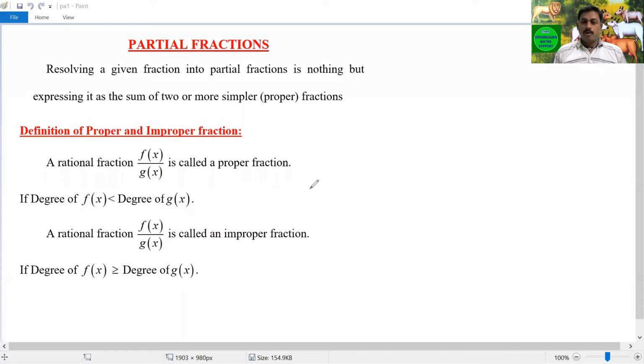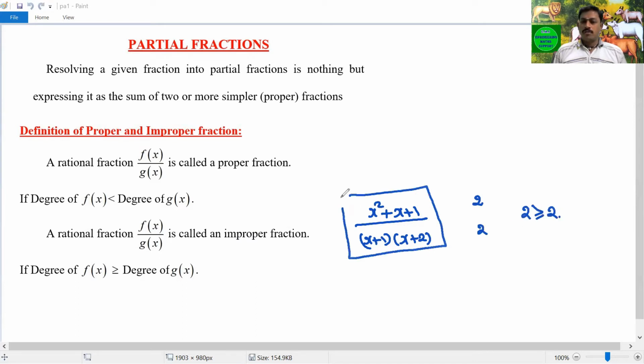Example for improper fraction. x square plus x plus 1 divided by x plus 1 into x plus 2. If you observe, the numerator degree is 2 and the denominator degree is also 2. 2 is greater than or equal to 2, so this fraction is an improper fraction.